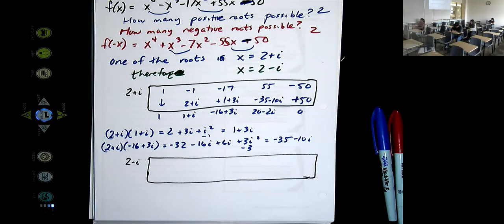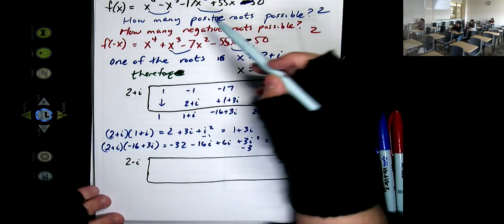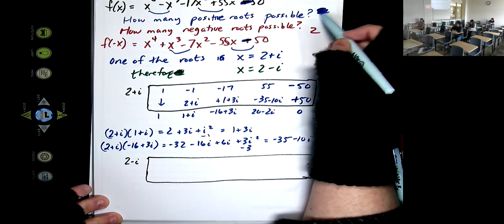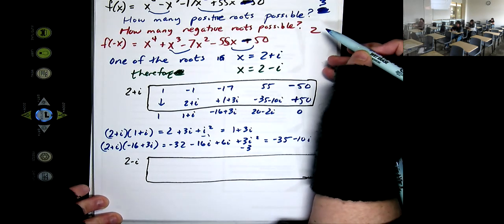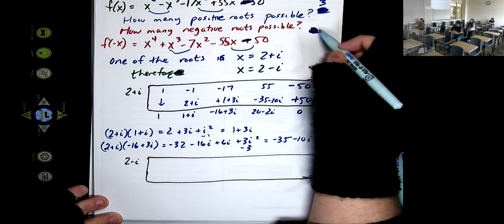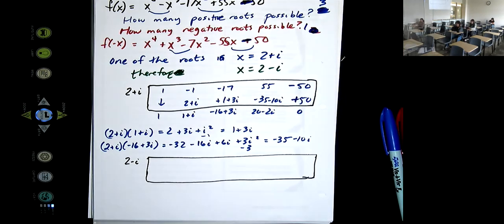That changes my answers up top here, doesn't it? 1 change, 2 changes, 3 changes. And here's only 1 change. Yeah, 2 plus i is not a root of this; we went down the wrong function. Sorry, guys. Good catch. Thanks, Chris.